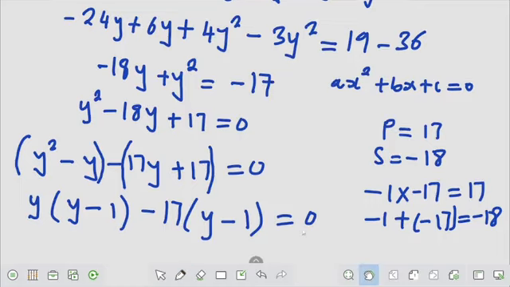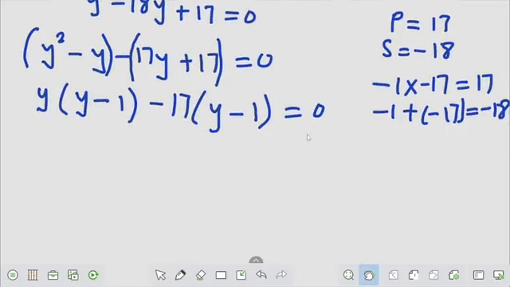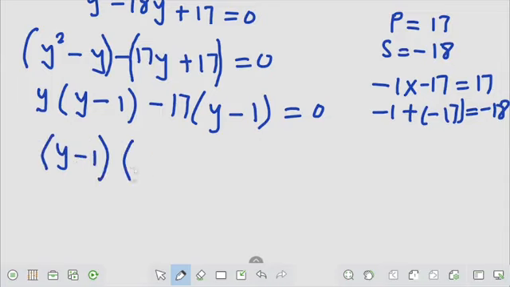Then from there, what are we going to do? We can get 1 for these which are in brackets. We can pick y minus 1, and again y minus 17, then equal to 0.